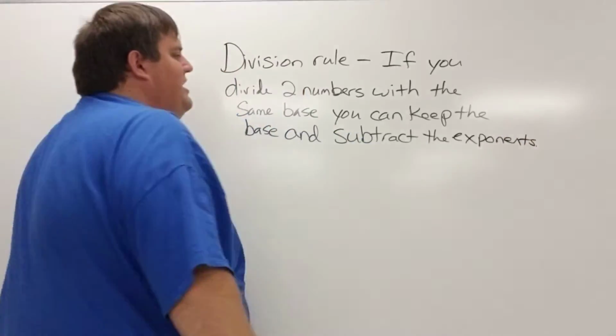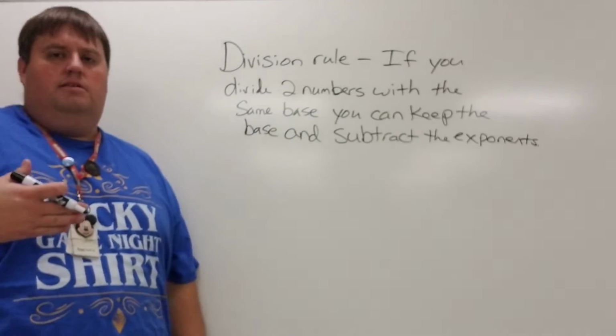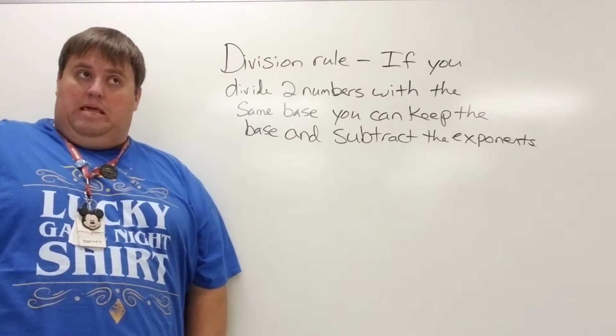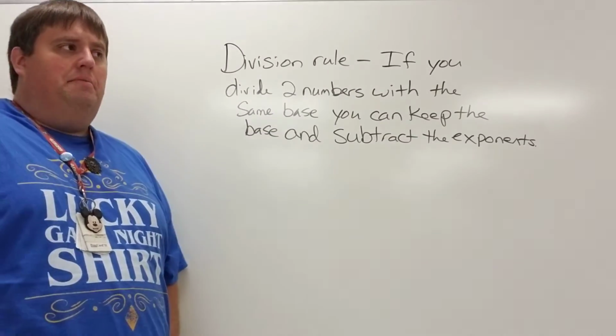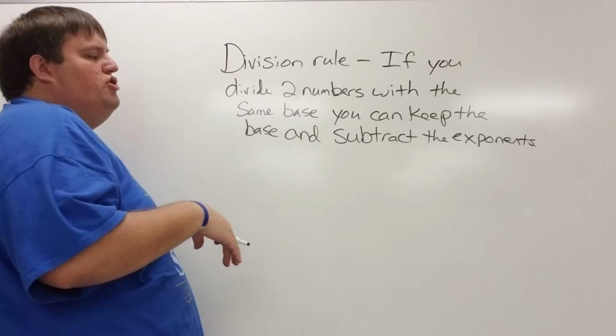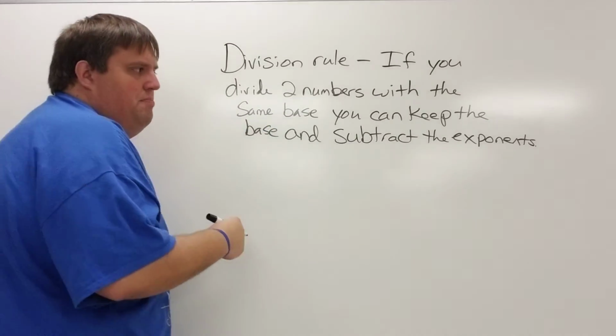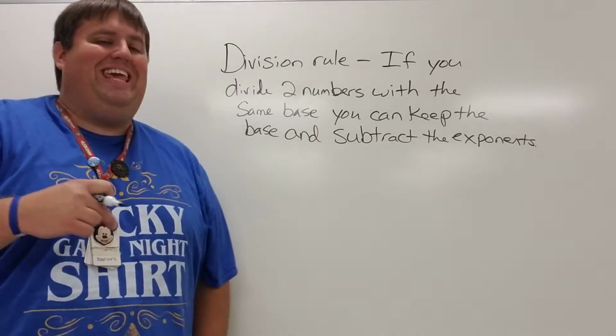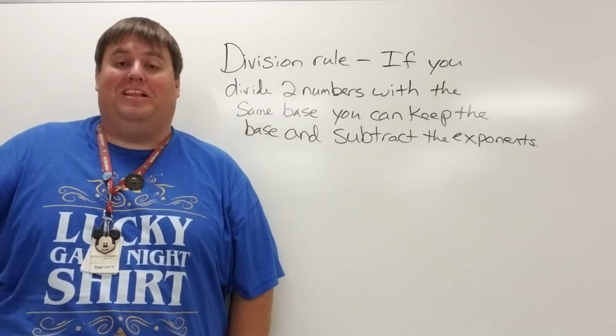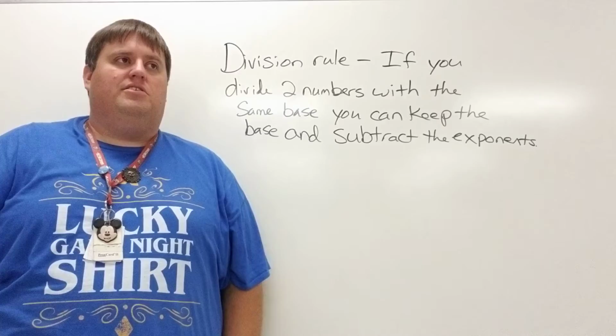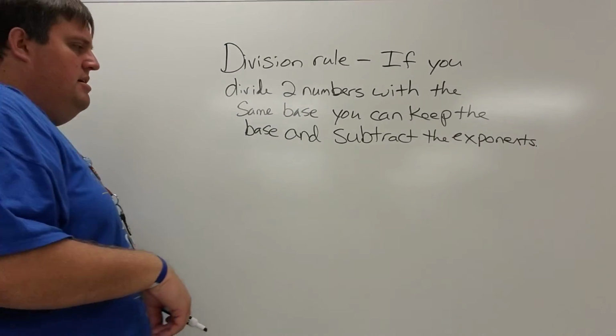So if I'm dividing two numbers with the same base, I'm going to keep that base and I'm going to subtract. When we talk about subtract, it's always top minus bottom. And that's super significant because we can have negative exponents that we'll talk about later in the week. All right, so it's going to be top minus bottom.